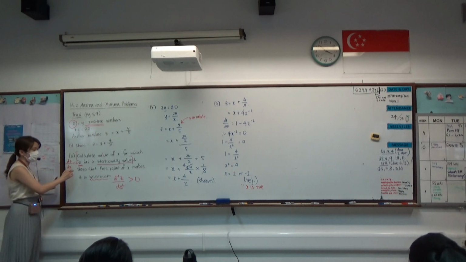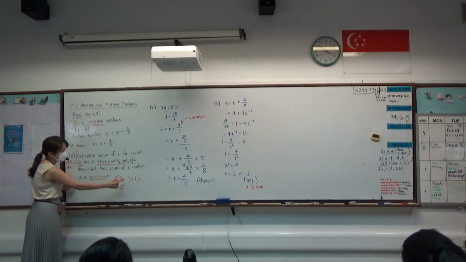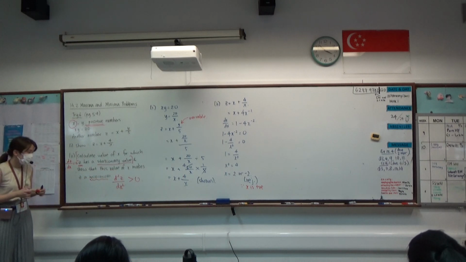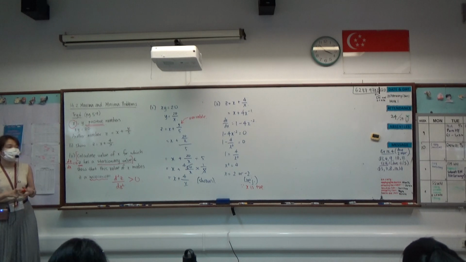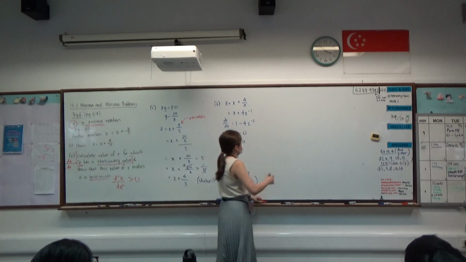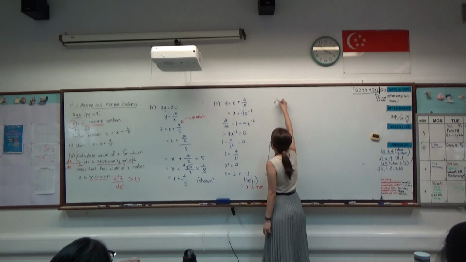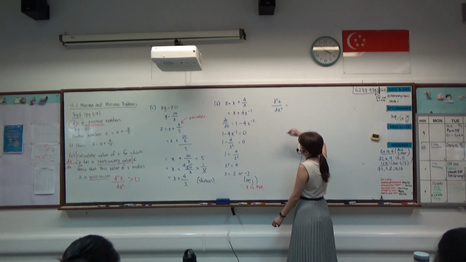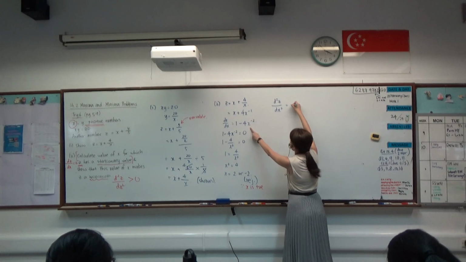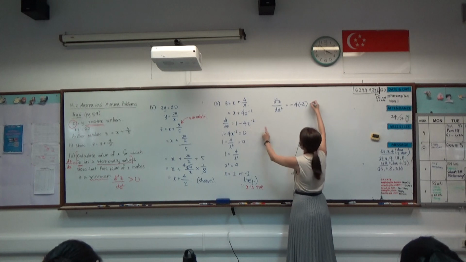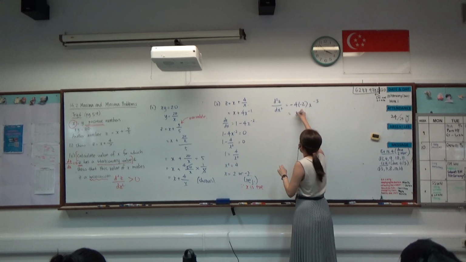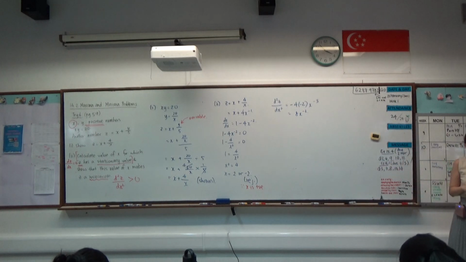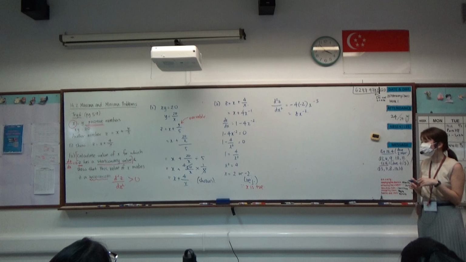We will show that the second derivative is more than 0. That justifies that x equals 2 makes z a minimum. So the second derivative will be, looking at this one, negative 4, bring down negative 2, x to the negative 3. So the second derivative is 8x to the power negative 3.